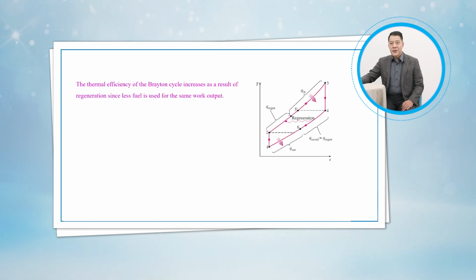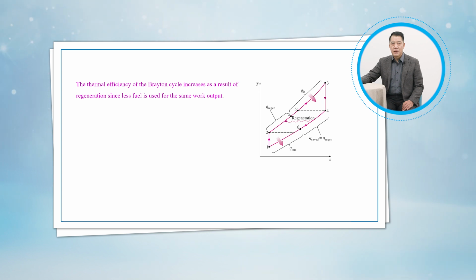The thermal efficiency of the Brayton cycle increases as a result of regeneration, since the portion of the energy of the exhaust gases that is normally rejected to the surroundings is now used to preheat the air entering the combustion chamber. This, in turn, decreases the heat input requirements for the same net work output.